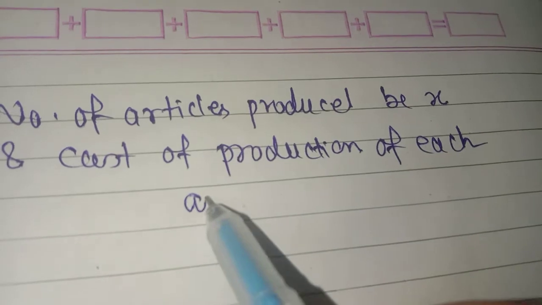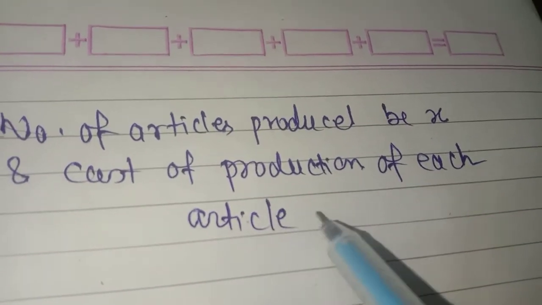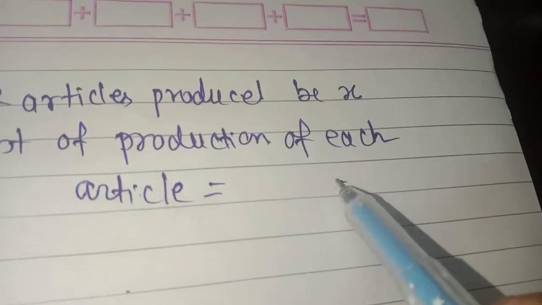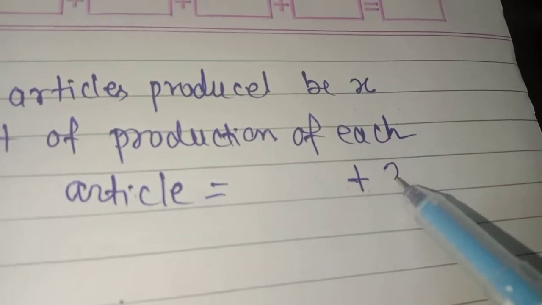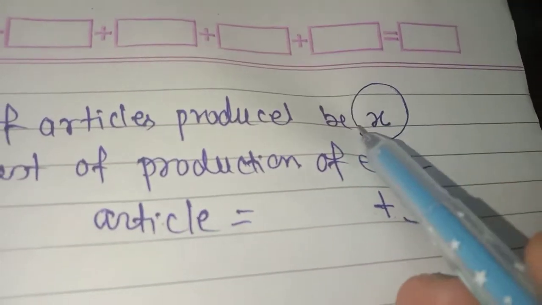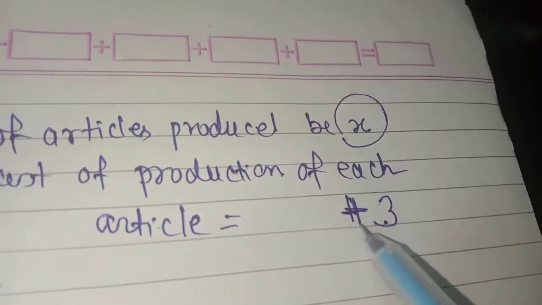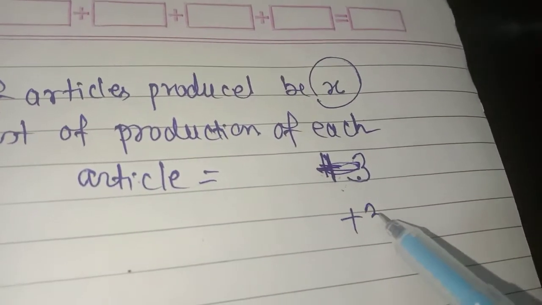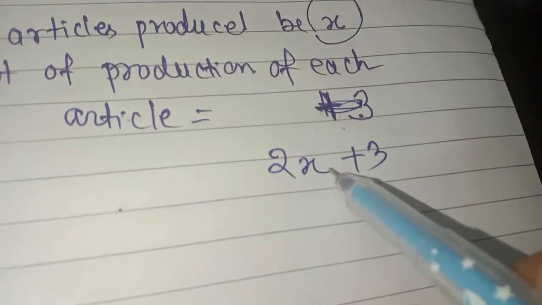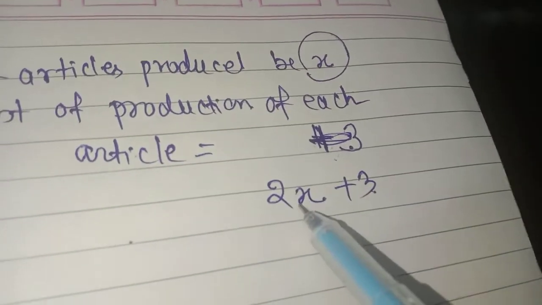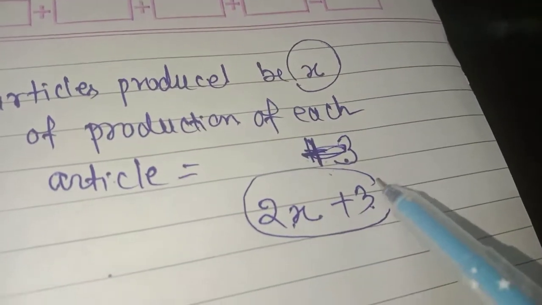Here we have to think about it. See, it is saying that 3 more than twice the article, so I am adding here plus 3, 3 more than twice the article. Clear? That's all. 3 more than twice the article.